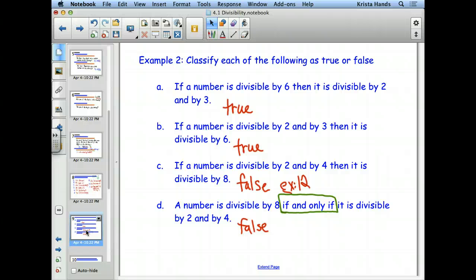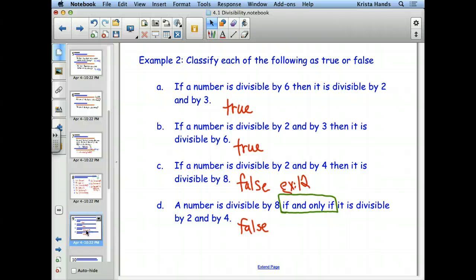Think about your multiplication tables of 8s: 8, 16, 24, 32. All those numbers in that list of multiples of 8 are divisible by 2, and they're divisible by 4. It's the other direction, which is exactly part C, that causes problems. If a number is divisible by 2 and 4, it is not necessarily divisible by 8.